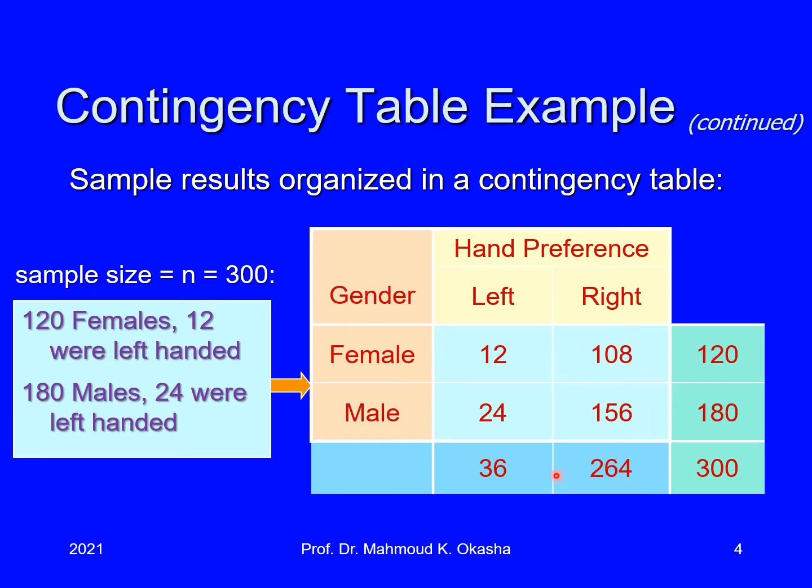The overall sum, which is the sum of all sums of columns, or the same, the sum of all sums of rows, is 300. So 120 females, 12 were left-handed, and n equals 300.